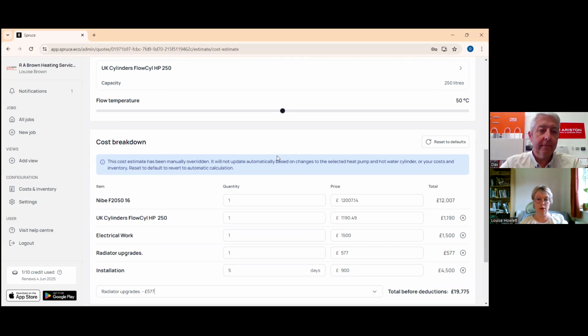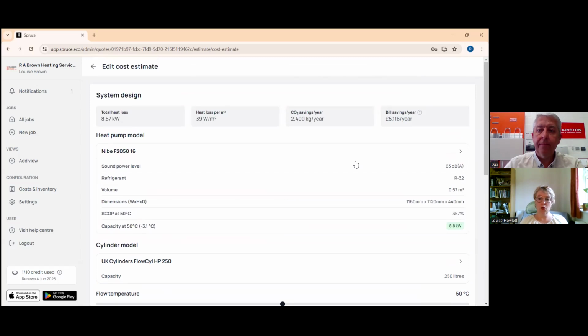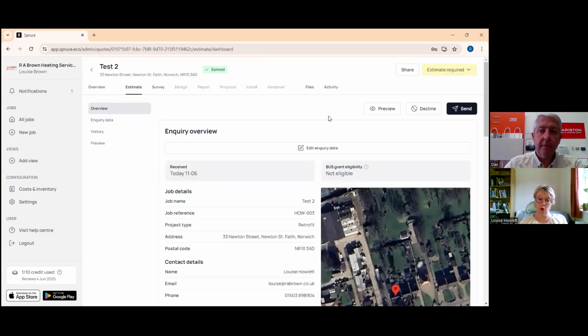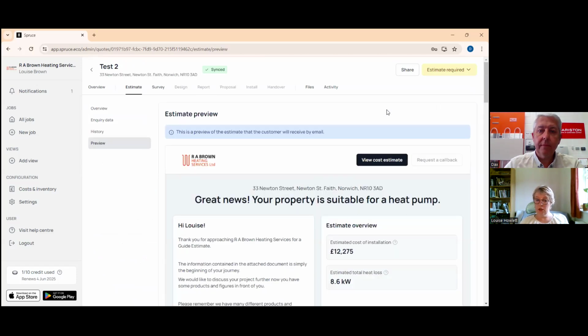If they do a similar system and talk it through, then you can already start playing around, even before the installer has spent many hours visiting, surveying and doing the proper heat loss survey. So this is part of how you can discuss things with a prospective installer before you commit lots of time on either side, because as we're proving, it only takes a few minutes to start playing around with these things and having a discussion.